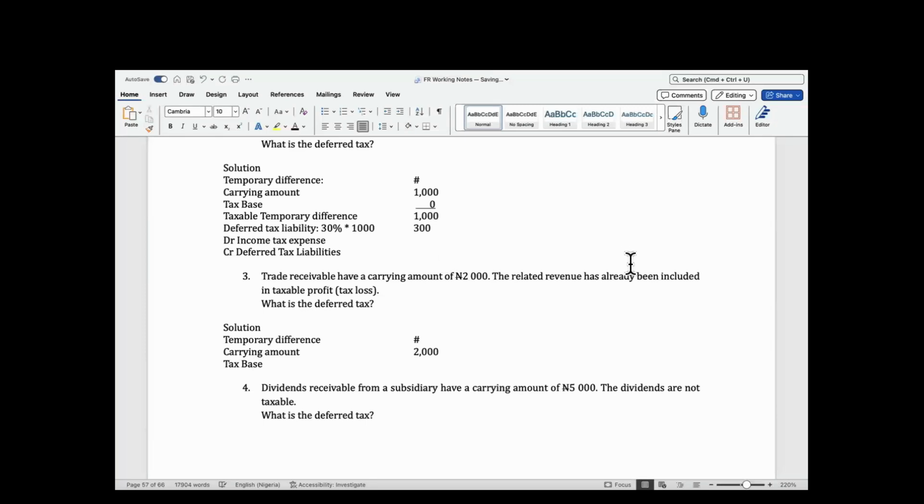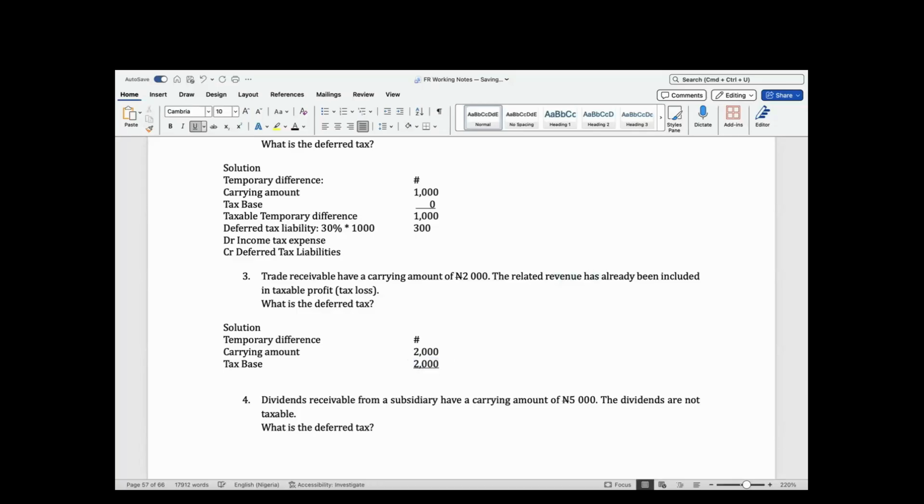In this case now, the taxman allowed it. The taxman has included it. So it's 2,000. So there is no temporary difference here. We captured the same thing. There is no need for deferred tax here because we captured the same amount.